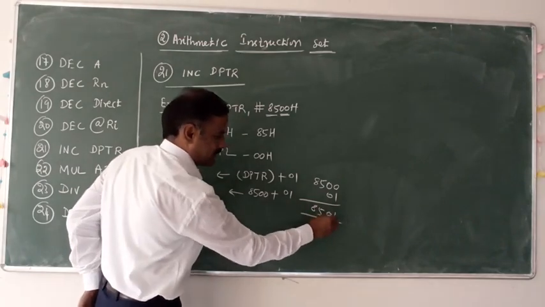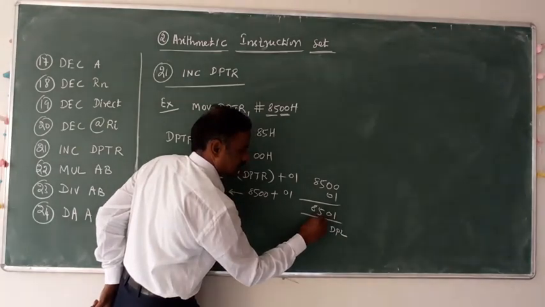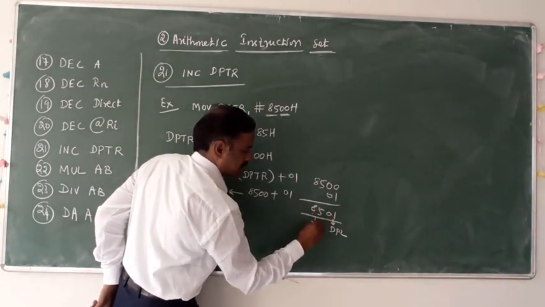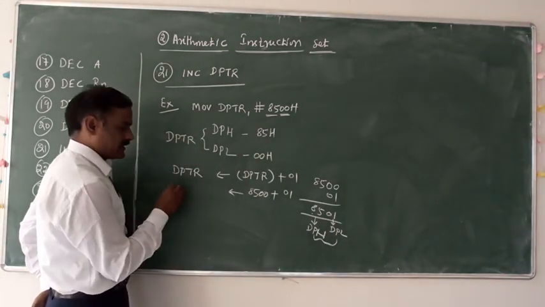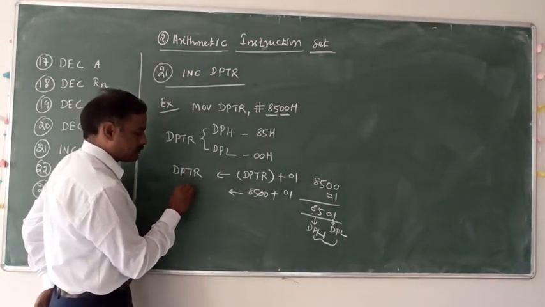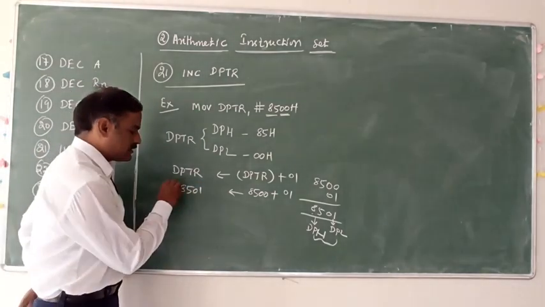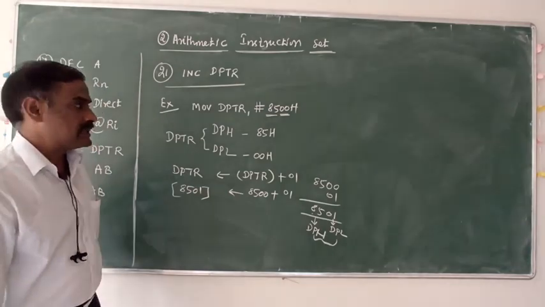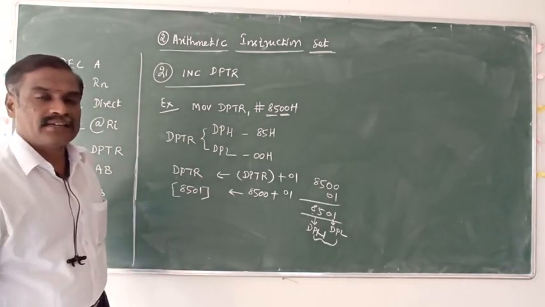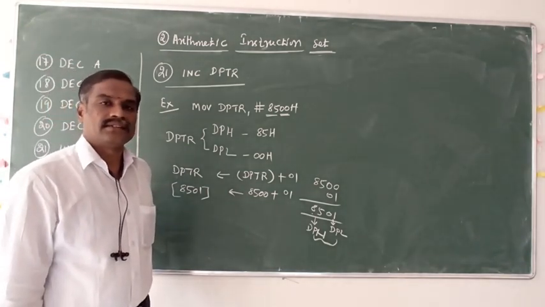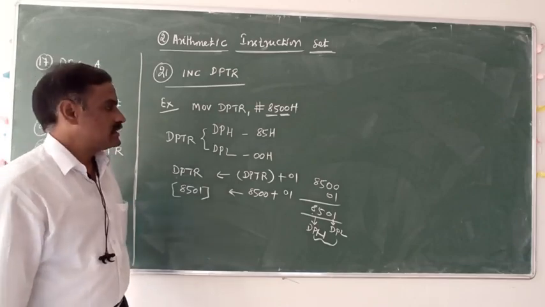Here the 01 is available in DPL and this is available in DPH. These two represent the data pointer. Now the data pointer's present address is 8501. This is the operation of incrementing the data pointer register.